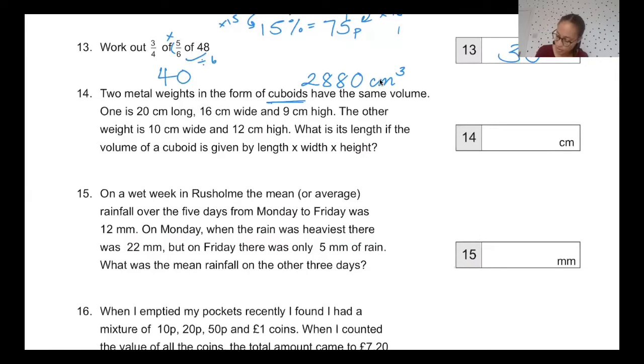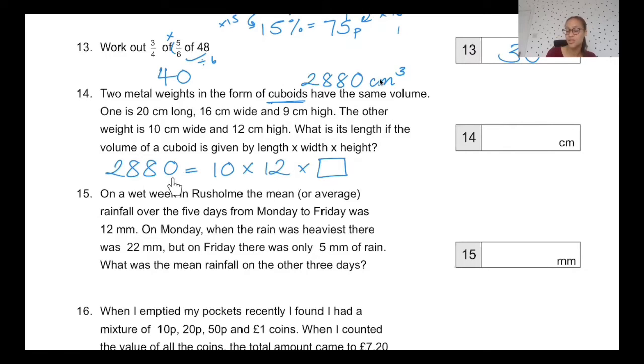Okay, so the volume of the other one is going to be equal to 2880. So 10 times 12 times something equals 2,880. There are two ways you could do this. You can multiply those and then divide this number by that answer. So 10 times 12 is 120, and then do 2,880 divided by 120.